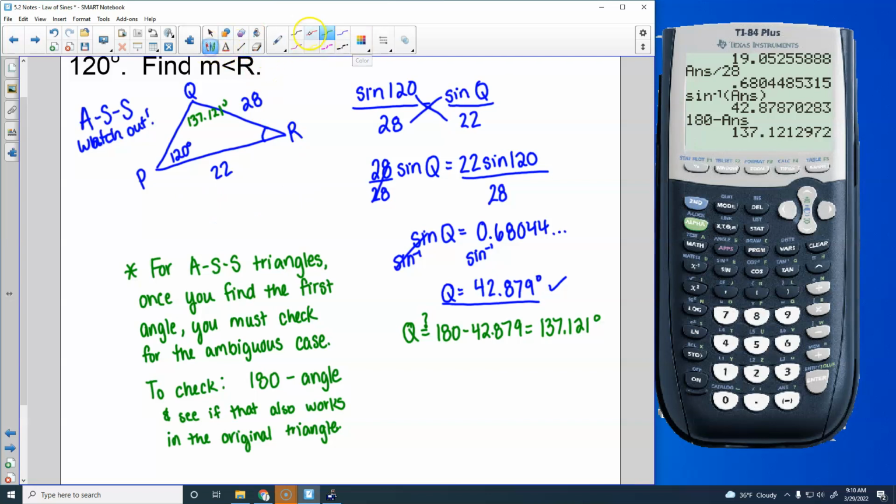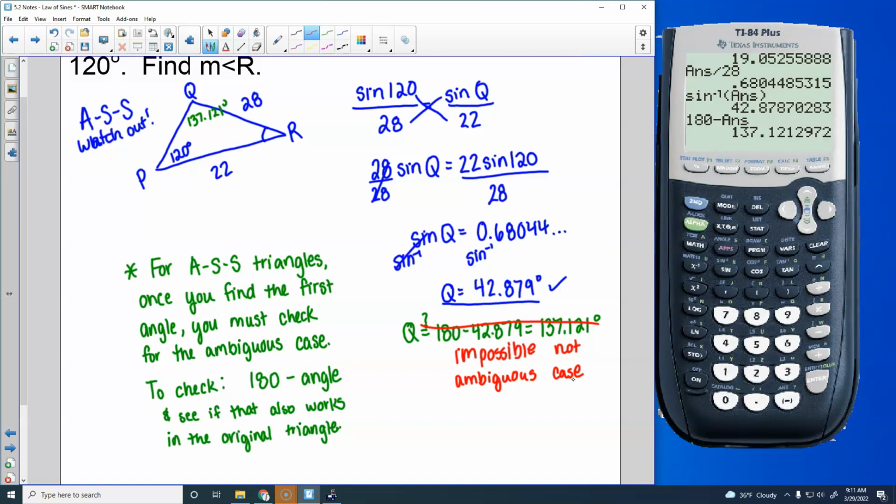So we would say this is impossible. Not ambiguous case. Okay, you wouldn't necessarily have to write all that stuff down. I'm just trying to make sure you've got it for your notes. So angle Q is 42.879, and it is only 42.879.